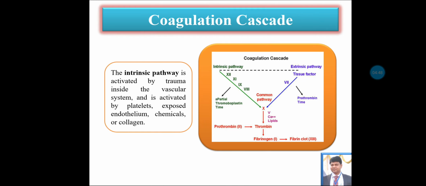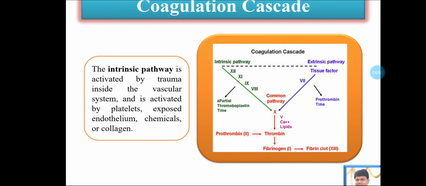This is an overview of the coagulation cascade, and in this the intrinsic pathway is activated by trauma inside the vascular system. It is activated by platelets, exposed or injured endothelial cells, chemicals, or exposure of the subendothelial surface, that is collagen.